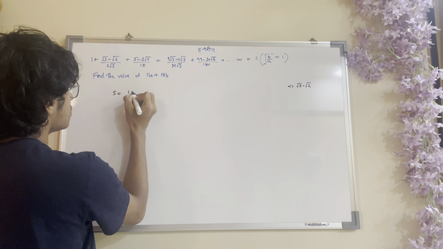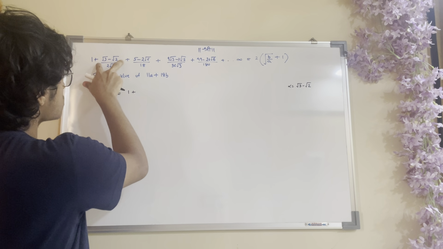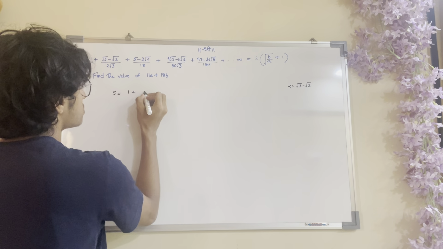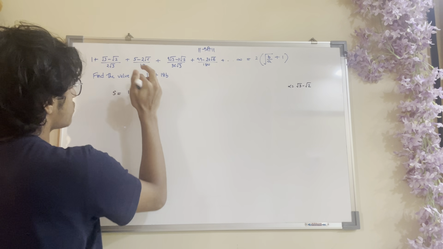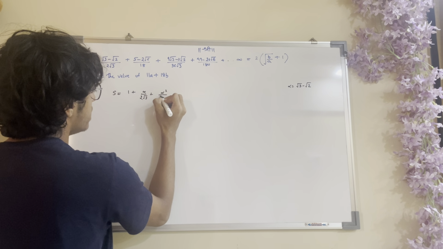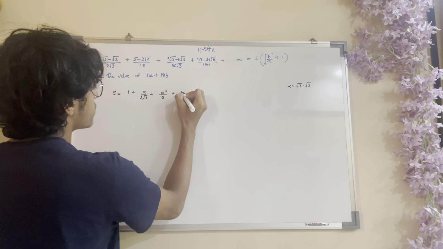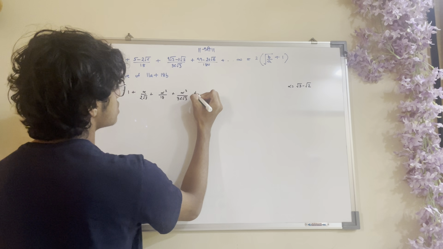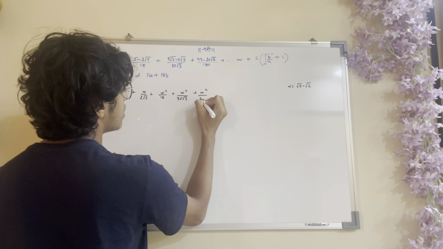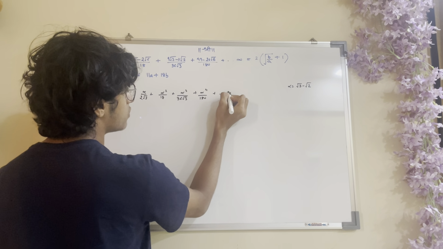Now let's take this series as S. We have S is equal to 1 plus root 3 minus root 2, we took it as alpha, so substituting here alpha by 2 root 3, plus alpha square by 18, plus alpha cube by 36 root 3. The next term is alpha power 4 by 180, and this goes on till infinity.